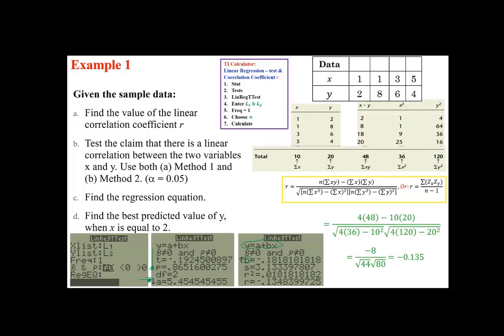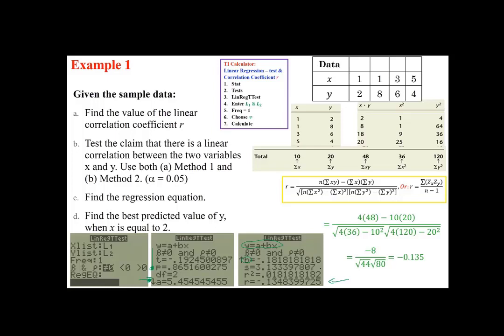So if you were to answer part A, you would see the R is here. So R is negative 0.1348399. If you were to answer part B, you look at the p-value and you say there is no correlation.